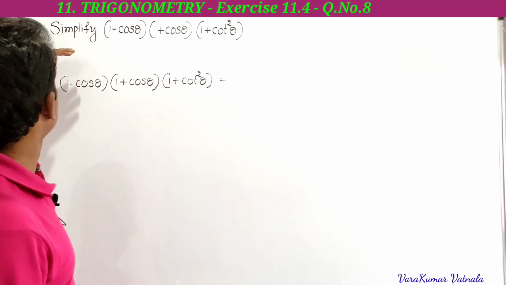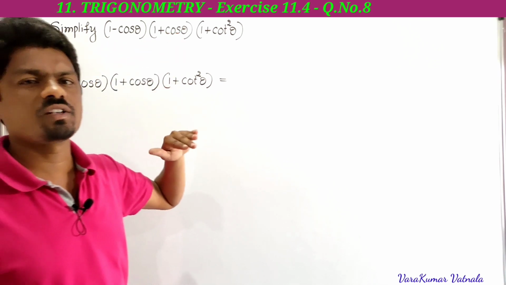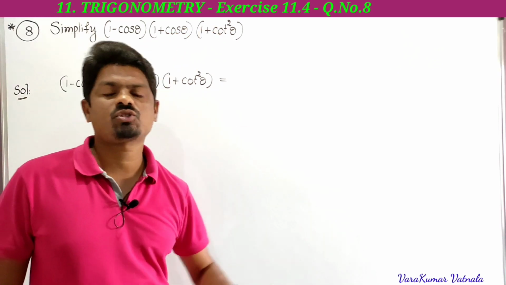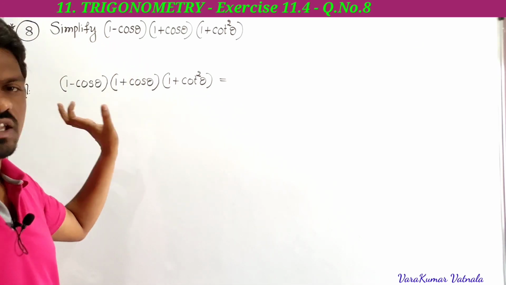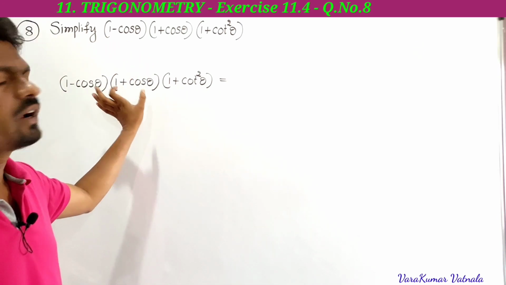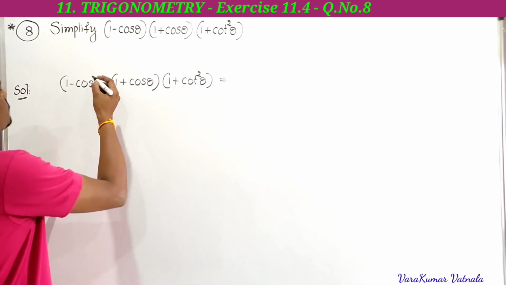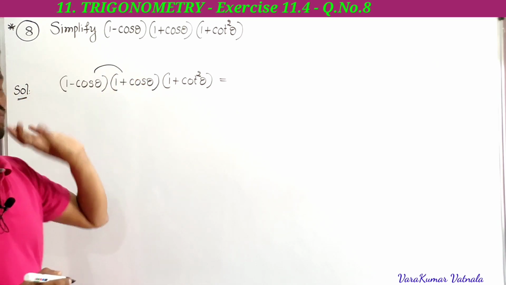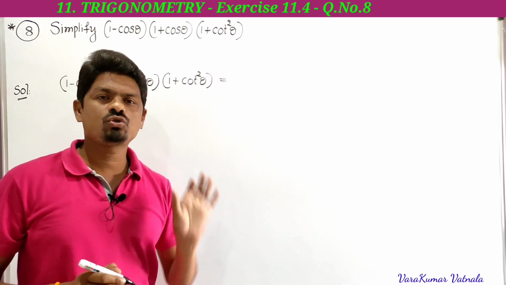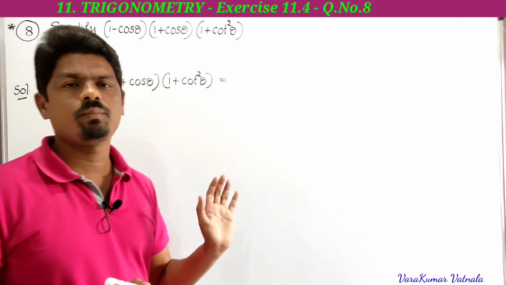See here what he is asking. Simplify 1 minus cos theta into 1 plus cos theta into 1 plus cot square theta. So how can we simplify? Observe the first two terms, 1 minus cos theta into 1 plus cos theta. These two are in the form of a minus b into a plus b.